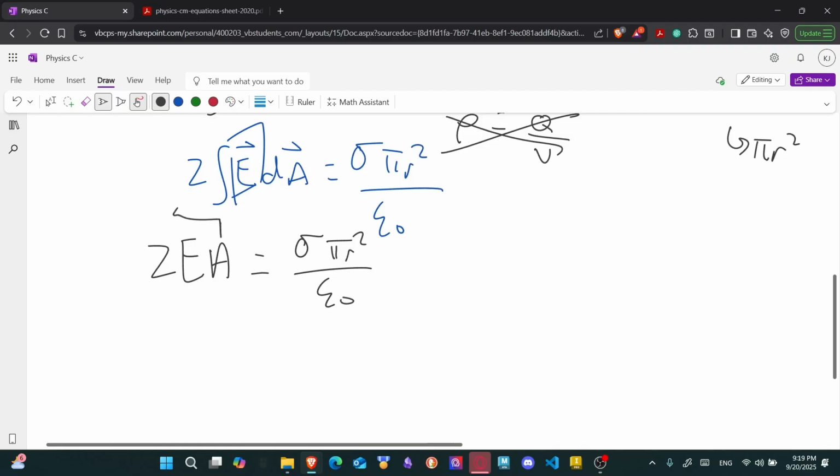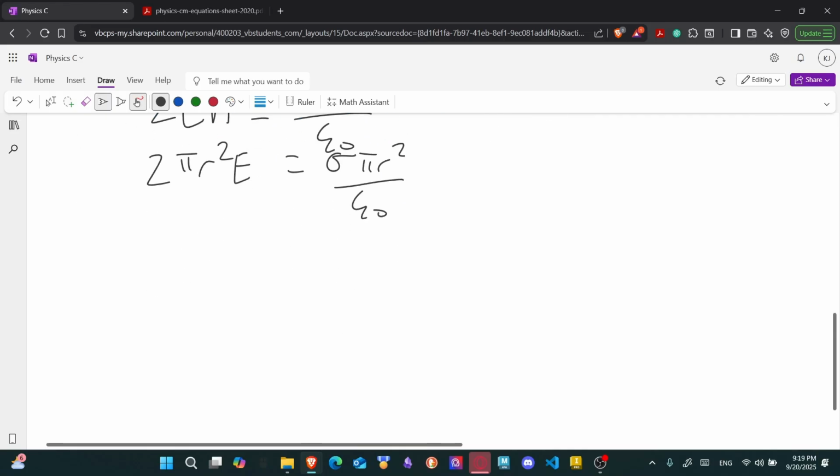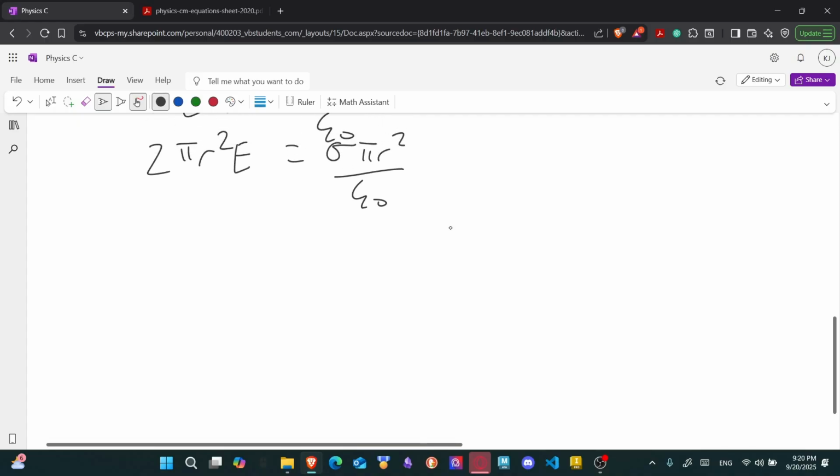The area of each end is also pi r squared. So substituting that, you get 2 pi r squared E is equal to sigma pi r squared over epsilon naught. So your answer for the electric field would be sigma pi r squared over epsilon naught, over 2 pi r squared.